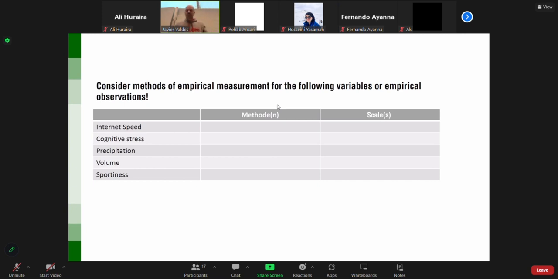Perfect. Now, next thing will be precipitation, rain. How do you measure this? Per square meter. Also, you take a cubic meter.